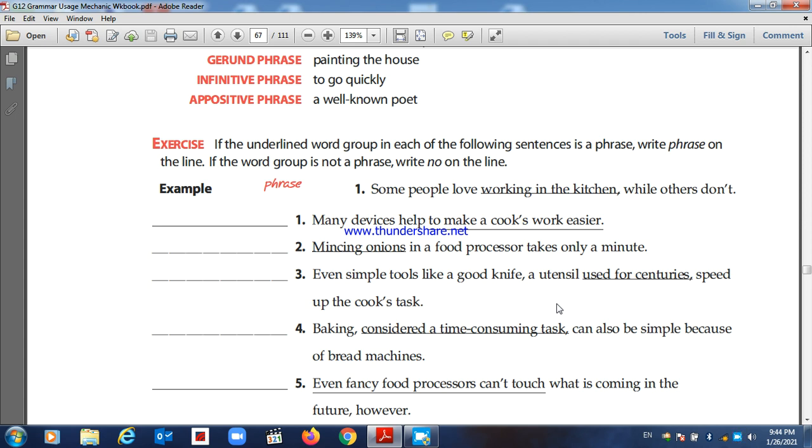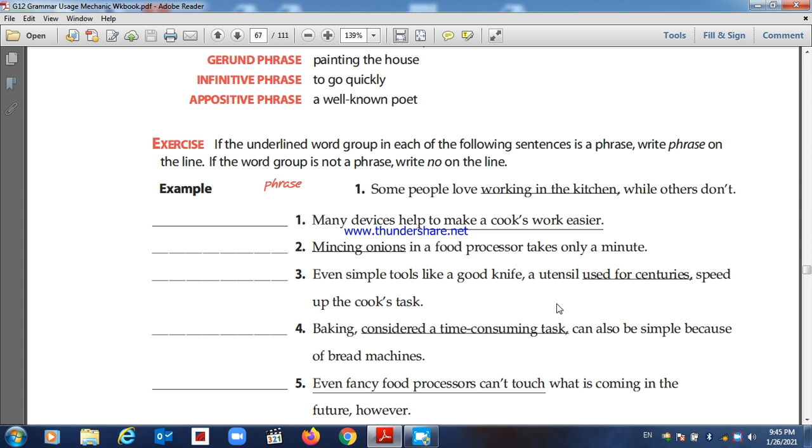Mincing means cutting. Cutting onions in a food processor takes only a minute. Now, mincing onions, gerund phrase. Why? Because I can replace mincing by a noun. Cutting, okay, changing it into simpler forms. So, gerund phrase.